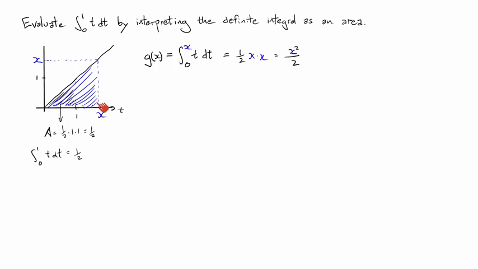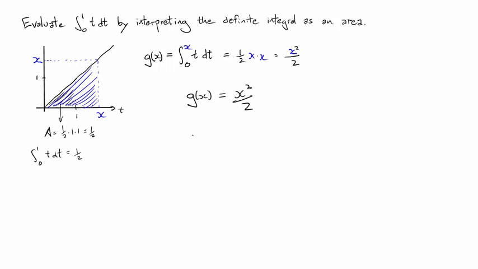I'm going to say that again. G of x is the area under the curve from 0 to x. X is the input. It's the upper bound of integration. The output is the area under the curve. In this case, the output is x squared over 2. So let me just write this down, the left and right hand sides of that whole string of equalities here. G of x is x squared over 2.